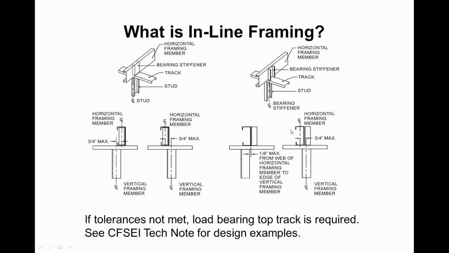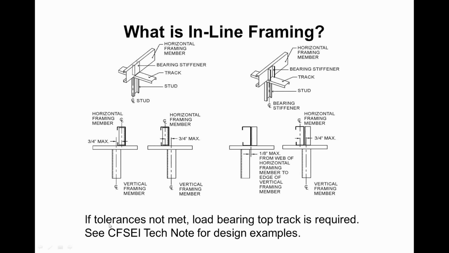And again, all we're trying to do with either this provision or this limitation here is to ensure that I've got an adequate load path. If these tolerances aren't met, then that means I've got to design that track section as a load-bearing track. Well, this C-section by itself isn't going to do it. There is, however, if you're looking for design guidance, a CFSEI tech note that illustrates design concepts for this load-bearing track.